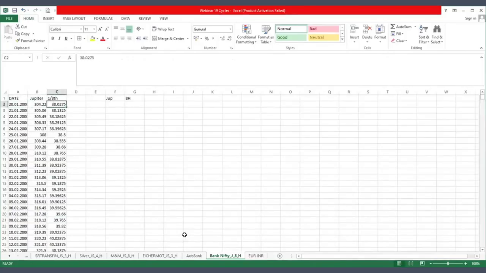Now this cycle is from 38 degrees to 45 degrees. And let's see.